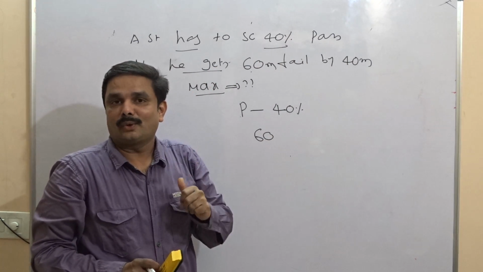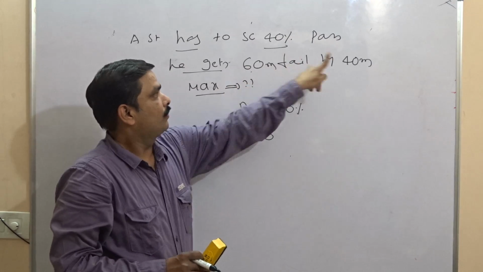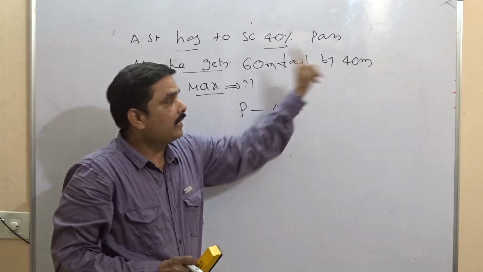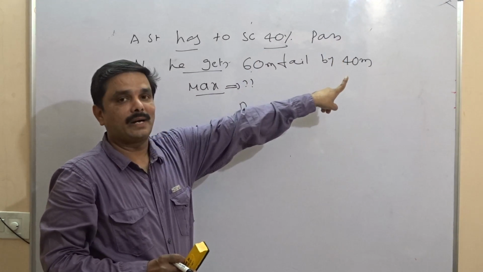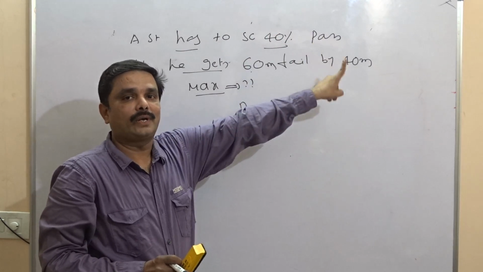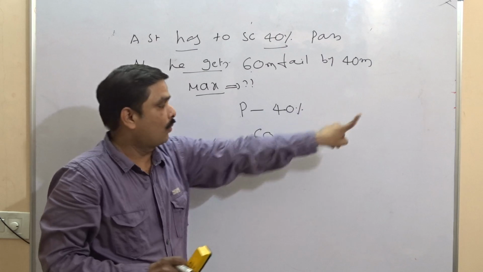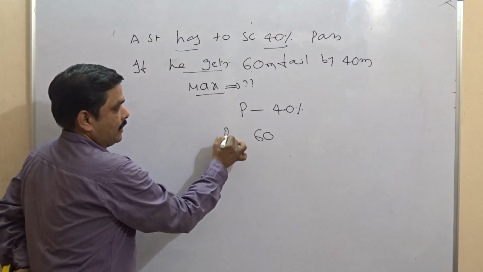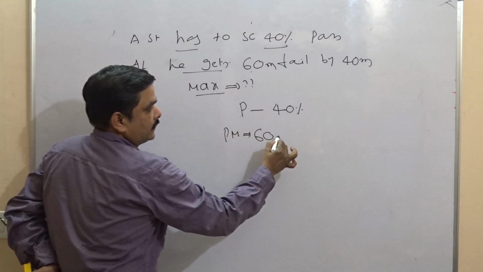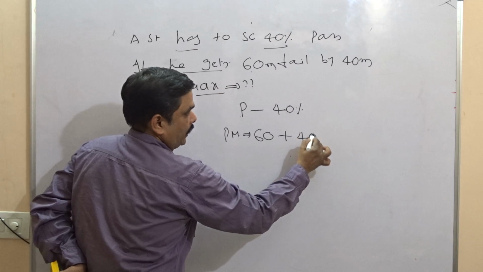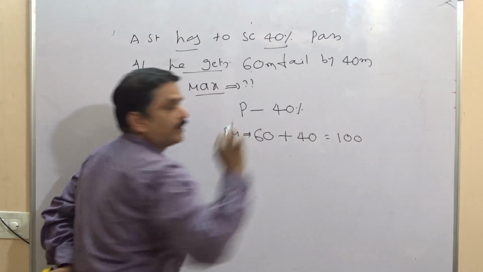How can I come to that conclusion? When he got 60 and failed by 40, it means if he got another 40 marks, definitely he would have passed the examination. So now the pass mark will be 60 plus 40, that is 100.